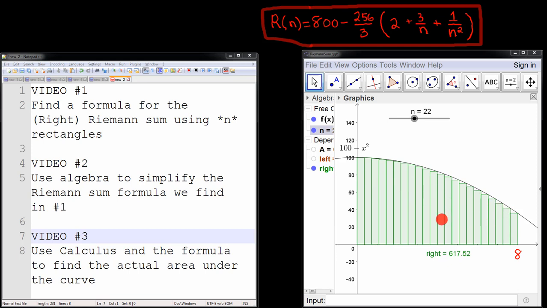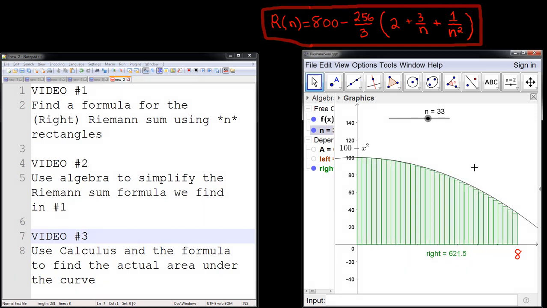If you add all the areas of these rectangles together, this is what you'll get when you set n equal to 22. It's an amazing formula. It's magical. If someone walked up to you on the street and said, I want you to find the sum of the areas of all those rectangles, you would say, give me a couple hours and I'll do it.